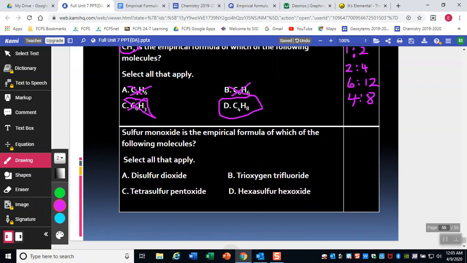Now I have sulfur monoxide. This is another covalent compound. There's my sulfur. Mono means 1, so I have 1 oxygen. So the empirical formula has a ratio of 1 to 1: 1 sulfur, 1 oxygen.